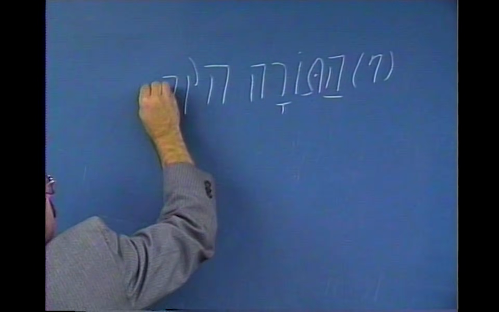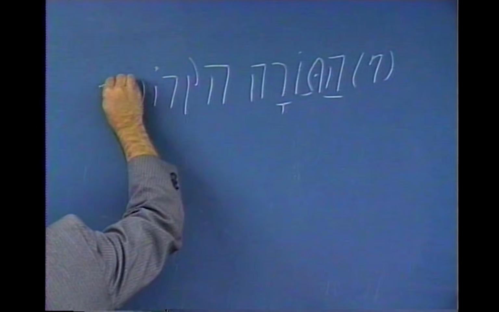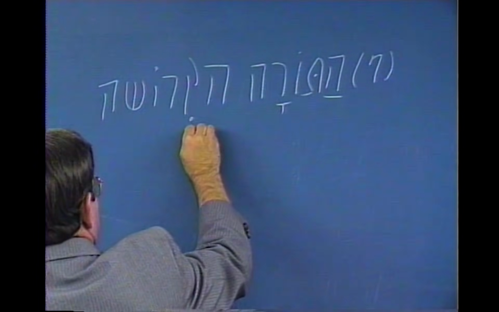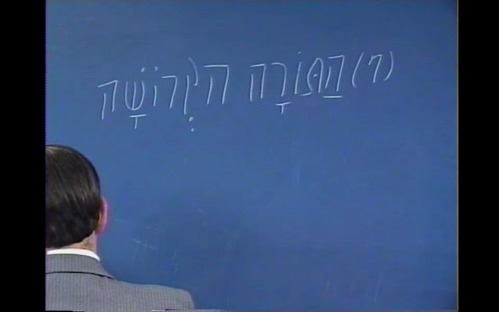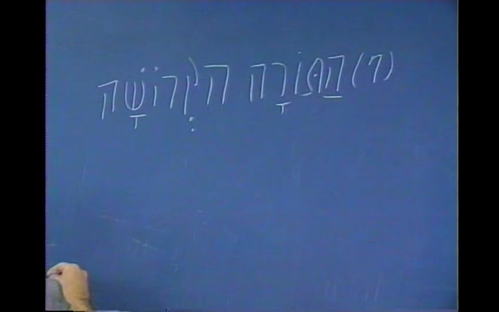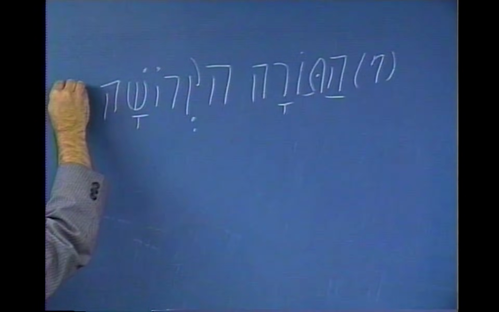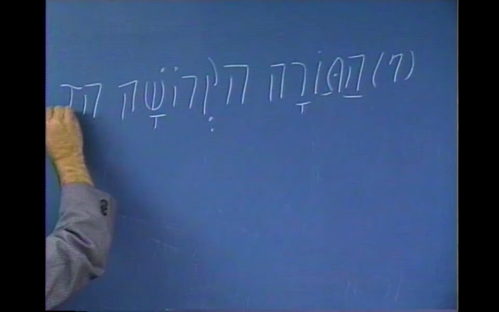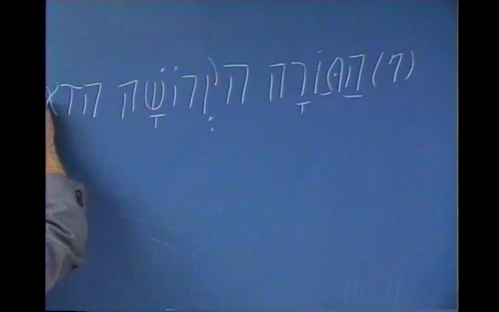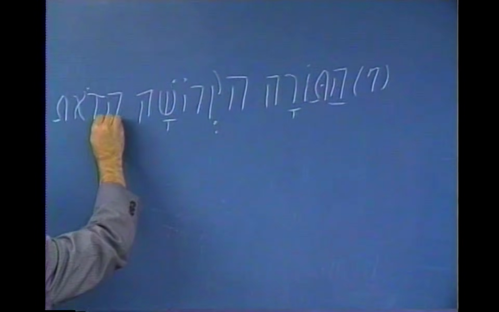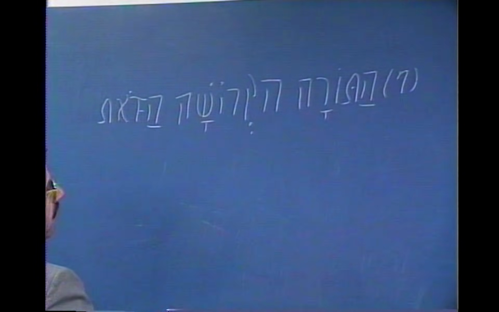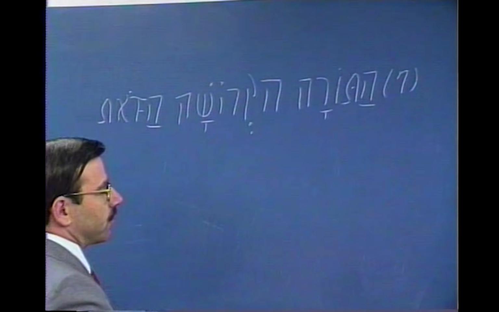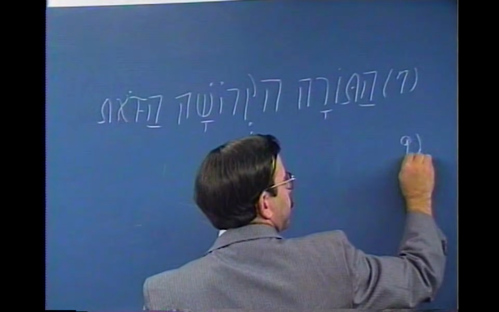So ke-dosha, since we're adding something on to the end of it. Ke-dosha. And it would be ha-zot, this great law. All right, let's go to the next one.